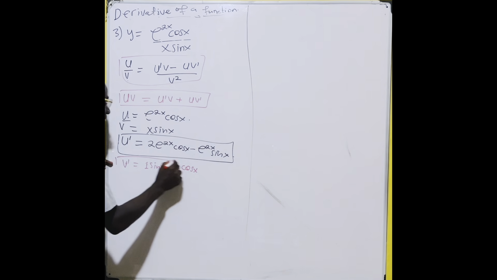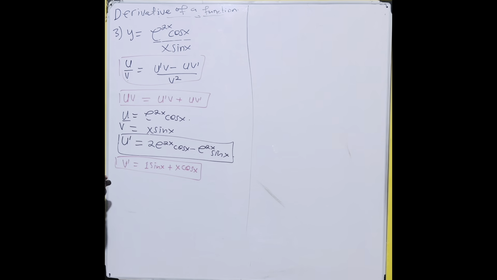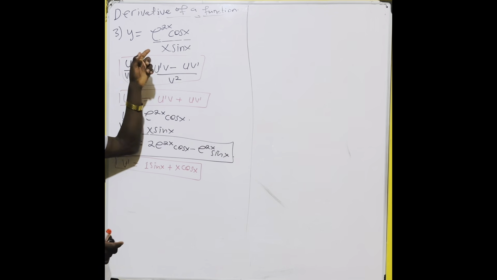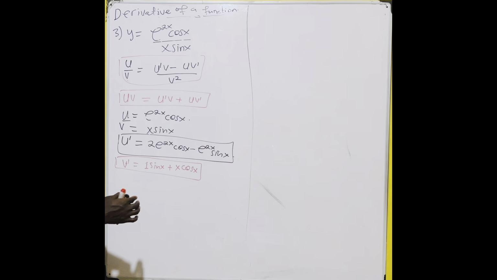So that is our v prime. Okay, so we have our u, we have our v, we have our v prime, and we have our u prime. Okay, so we can now substitute into the formula.